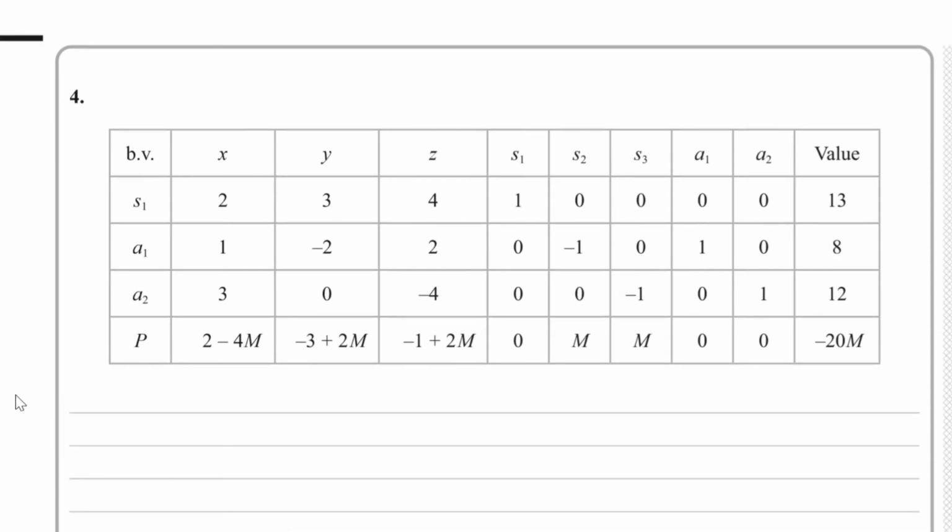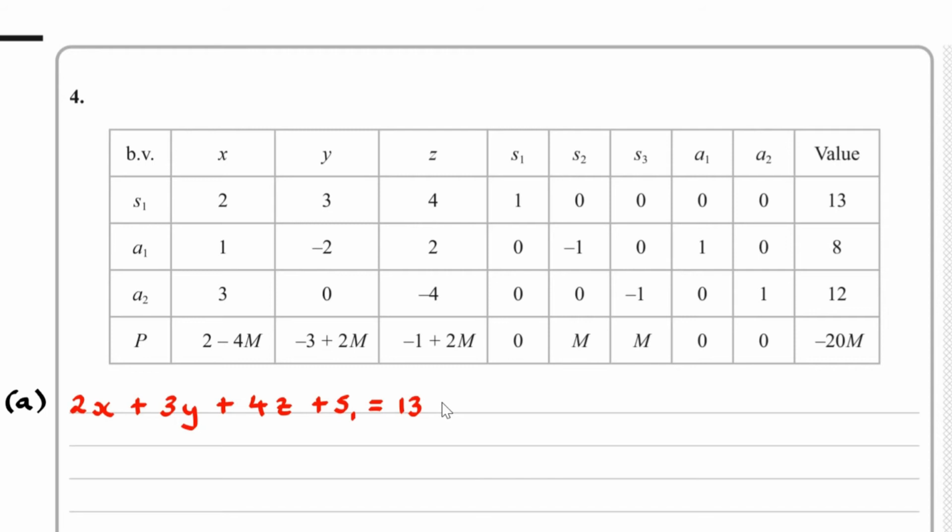So for part A, if we take a look at the S1 row, we've got 2x plus 3y plus 4z, and then we've got S1, this is equal to 13.